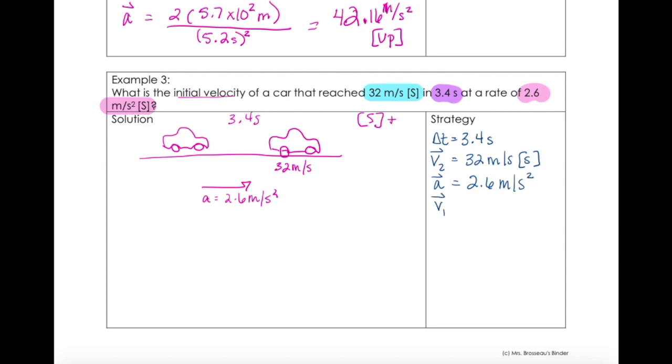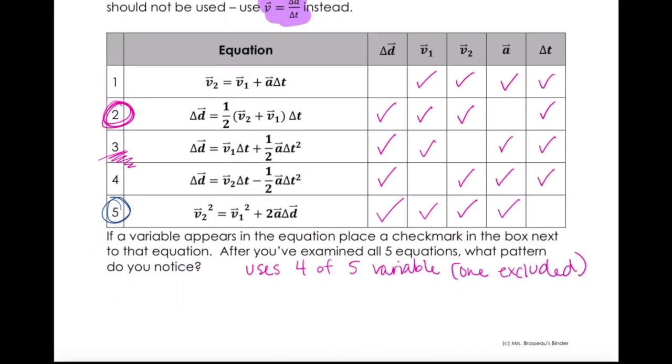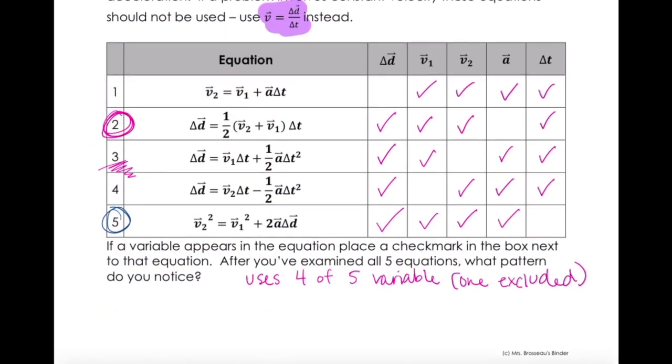Okay, so basically the variable that we don't have is displacement. So if we look back at the equations, we'll use the one that is missing displacement. So we're going to be using equation number 1.